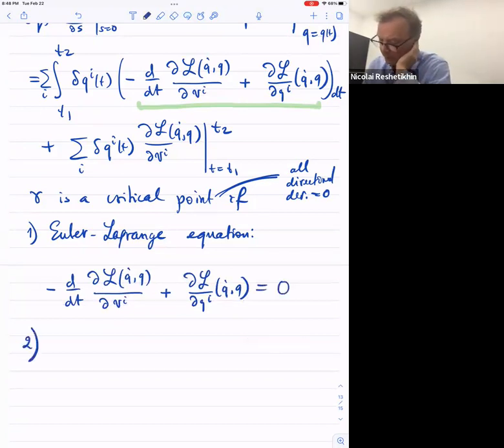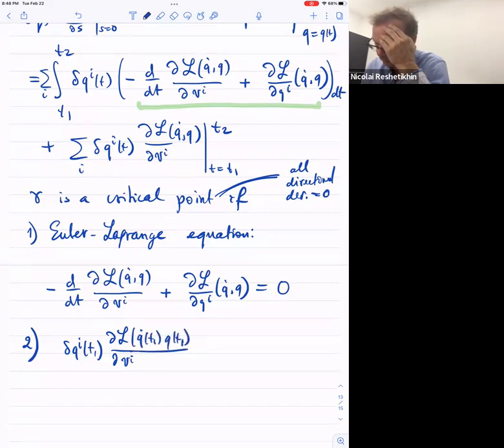And second, we have to have these boundary conditions. So delta q^i at t1, dL/dv^i at q dot t1, q t1, minus the same at t2, that should be 0.